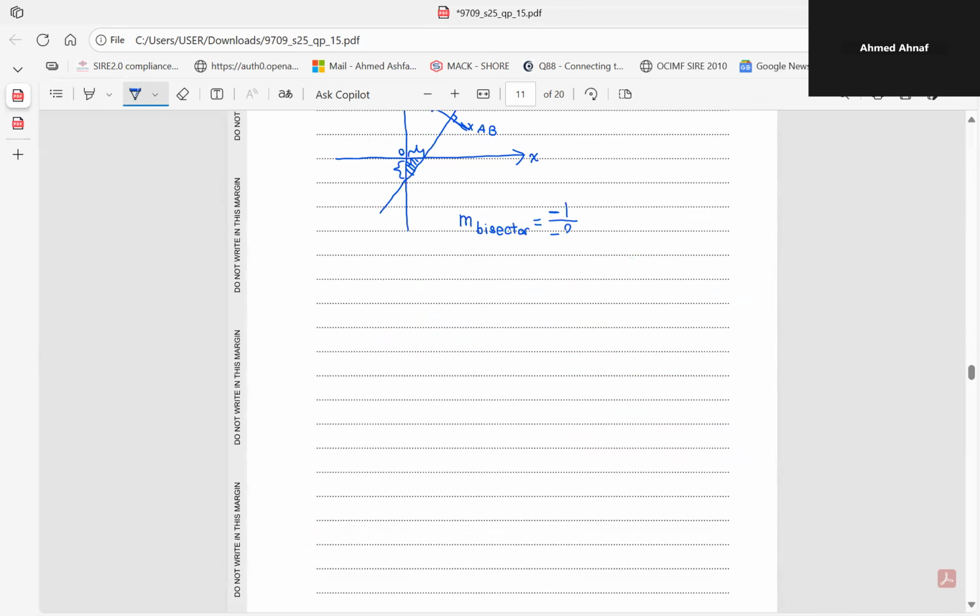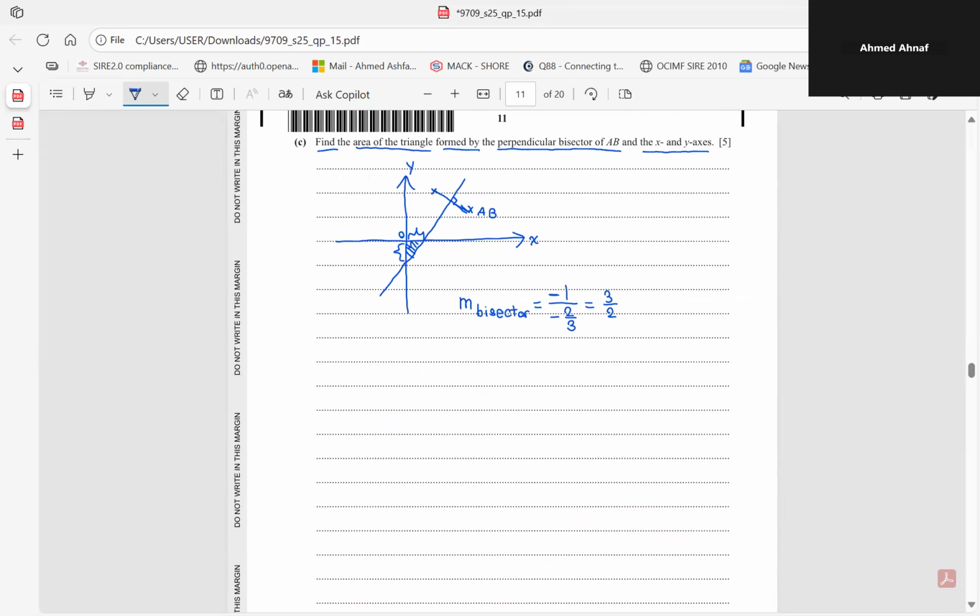So you would get -1 divided by -2/3 equals 3/2. So this is the gradient of our bisector.